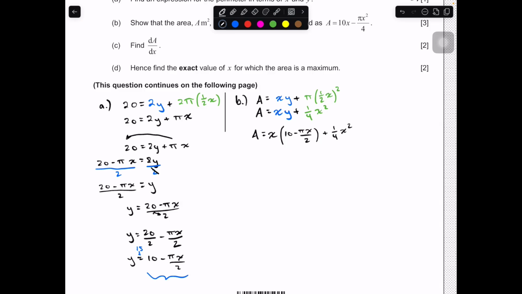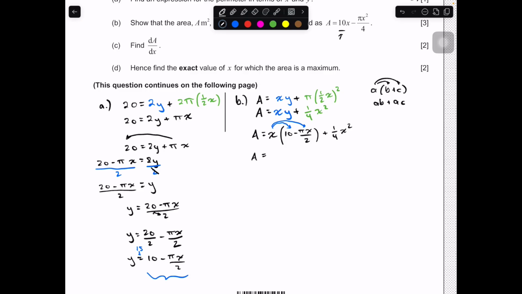Okay, it's getting close. It's not quite there yet. We see that we're approaching this 10x, and now, if you remember, we're going to need to do some distribution. Remember, if we have a times b plus c, we distribute: ab plus ac. Let's do that here: x times 10, and then x times pi x over 2.